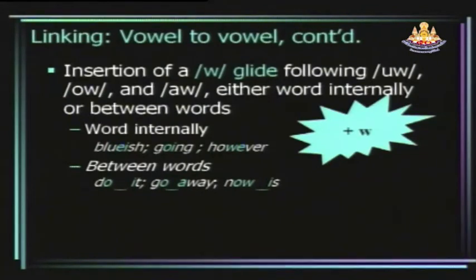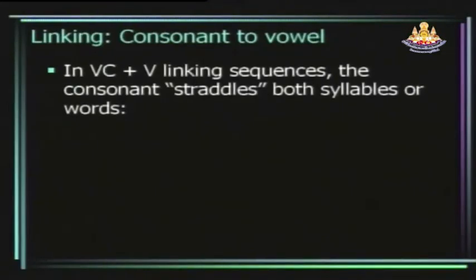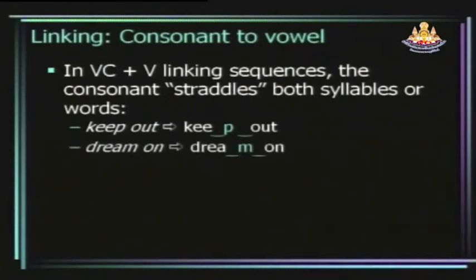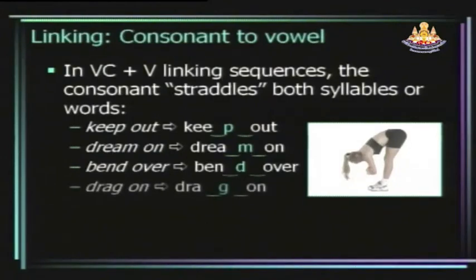Okay, still talking about linking, but here when we have a word that ends in vowel consonant and the next word begins with a vowel, the consonant straddles both syllables. It's in between both syllables. Examples: keep out, that's the one we already saw, where the P at the end of the first word becomes something in between the two words.